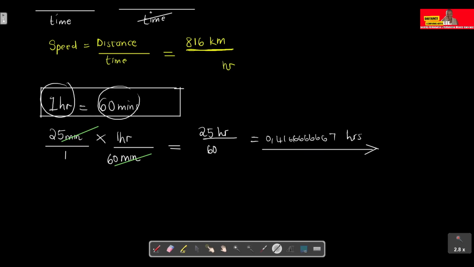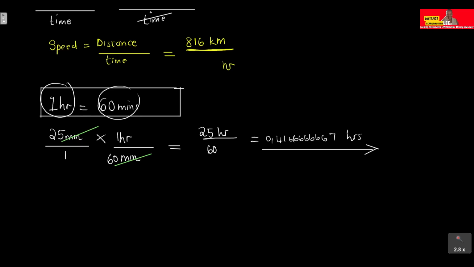All that we need to do is add these hours to the 3 hours. Therefore, 3 hours plus 0.41 hours, that is equal to about 3.41 hours.